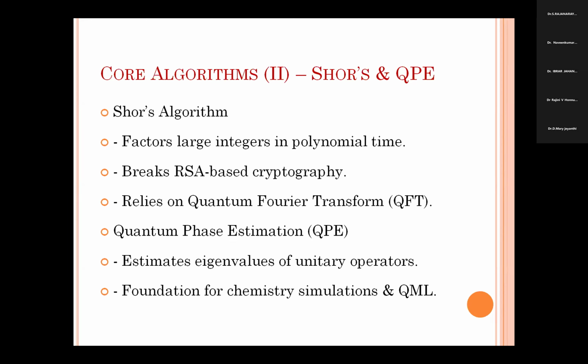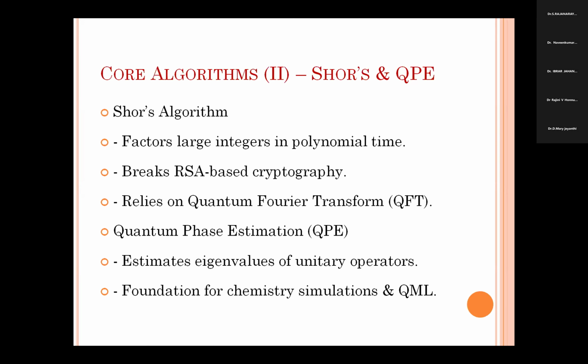Then it breaks RSA-based cryptography. All of you know the RSA algorithm; cryptographic issues based on it can be broken by Shor's algorithm.